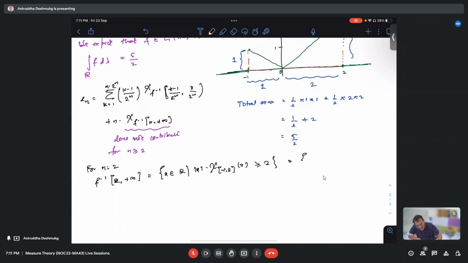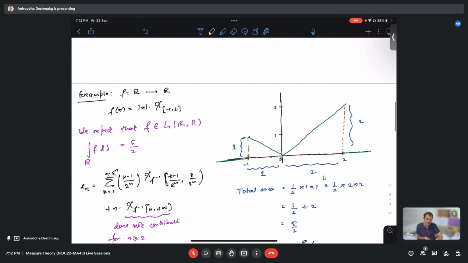But this is just the singleton element 2, and therefore its measure is 0. So even though n is not 0, finally under the integration of S_n, this does not contribute. And for n bigger than or equal to 3, f inverse of [n, plus infinity) is empty, because f does not take values beyond 2.